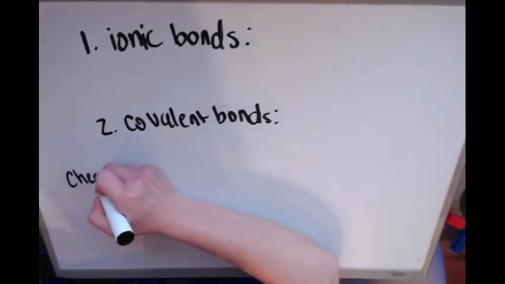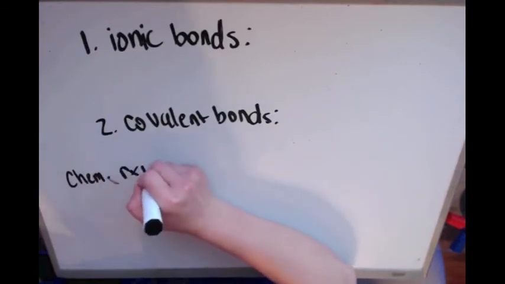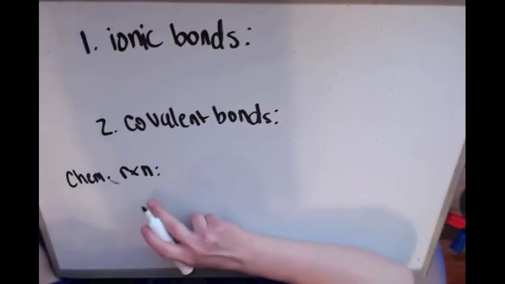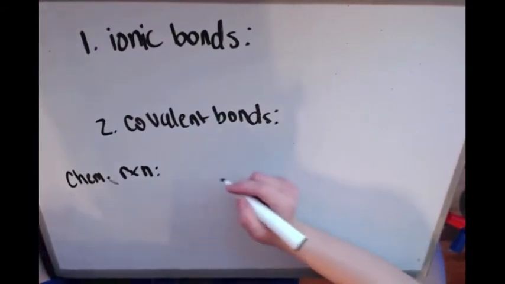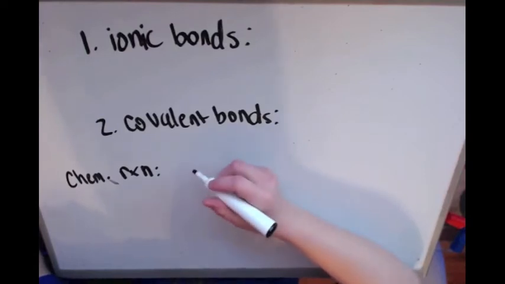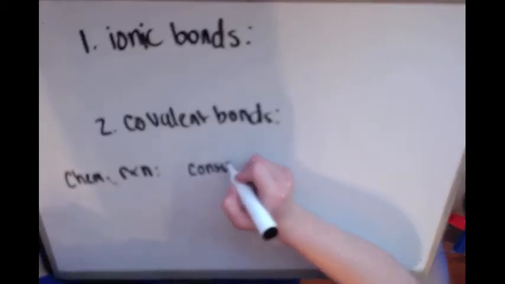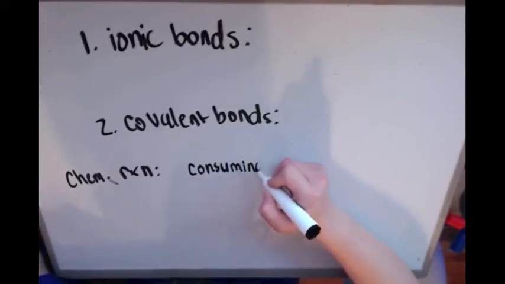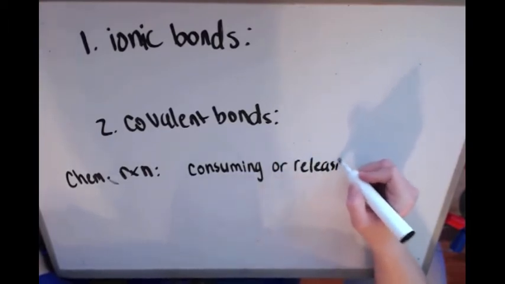So a chemical reaction, you can define it a couple of different ways. I just abbreviated reaction as RXN. One way you can define it is consuming or releasing heat.